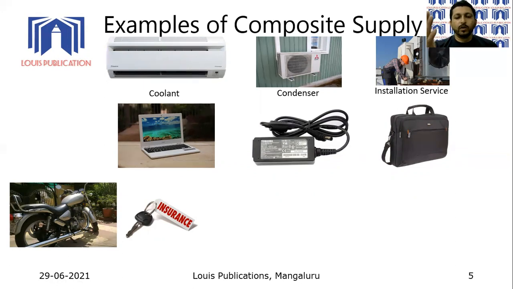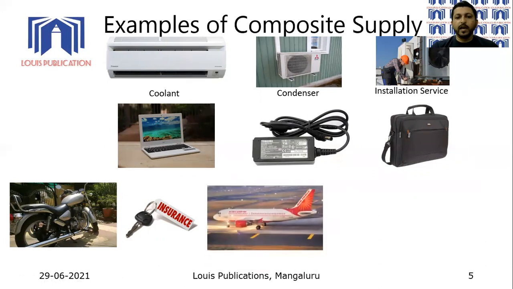But today, these showrooms which are selling vehicles, two-wheeler or four-wheeler, have tie-ups with insurance companies. As soon as the new vehicle is bought, insurance is tied up. It is naturally bundled and given to the customer. That's why we say purchase of a vehicle with insurance is an example of composite supply.